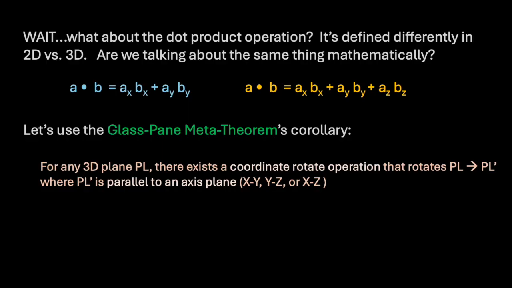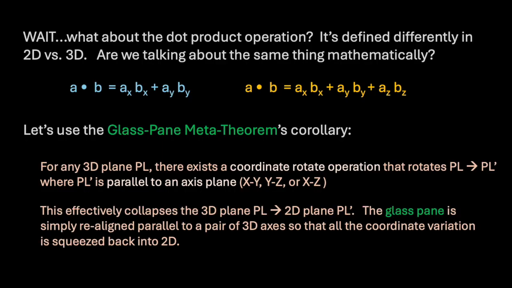We might as well just arbitrarily say it folds back onto the XY plane. And this effectively collapses the 3D plane PL back to a 2D plane. The glass pane is simply realigned parallel to a pair of 3D axes, the XY axes, so that all the coordinate variation is squeezed back into 2D. And we know we can do this computationally.